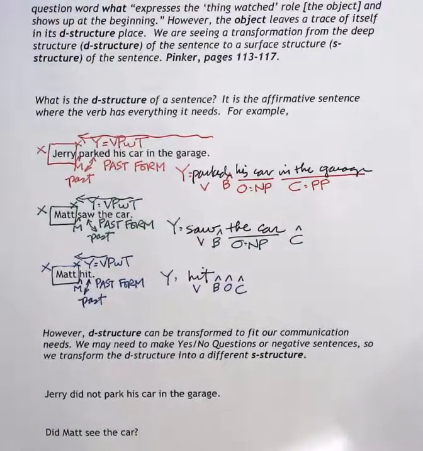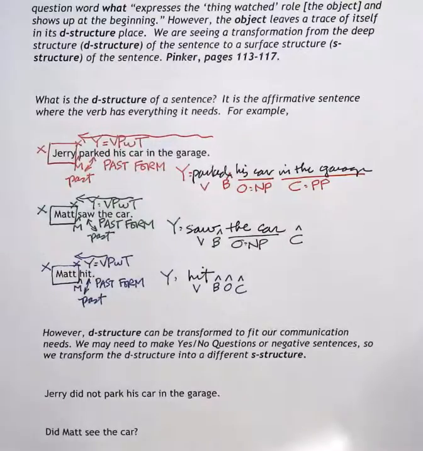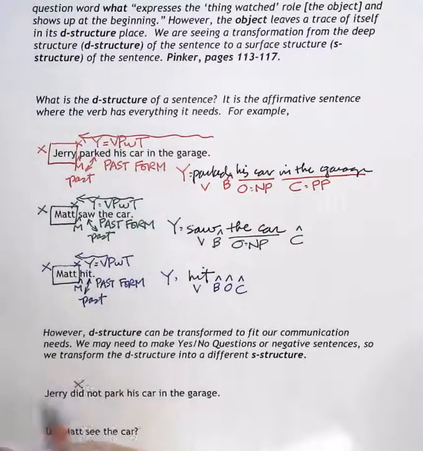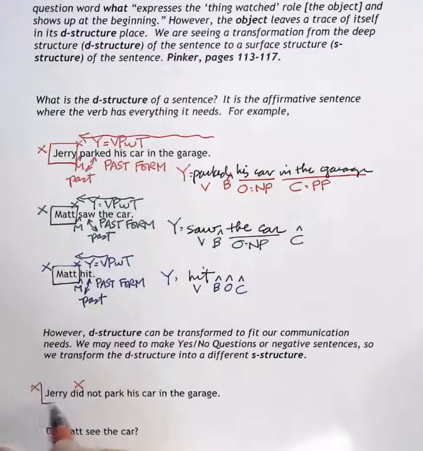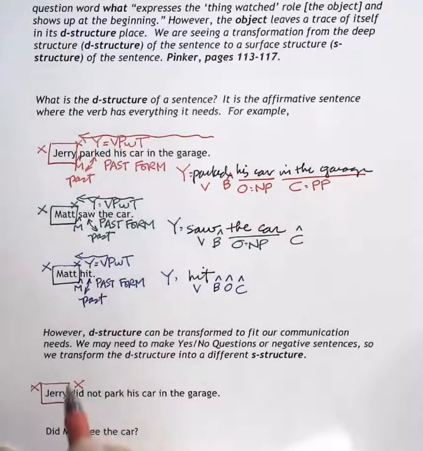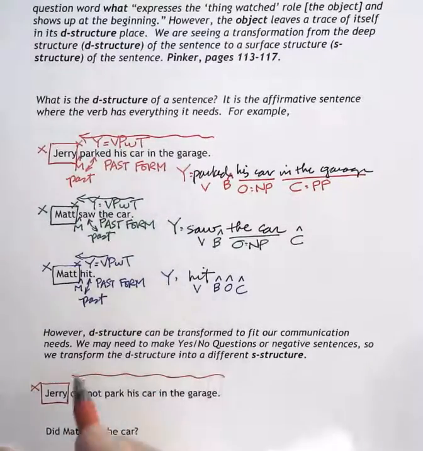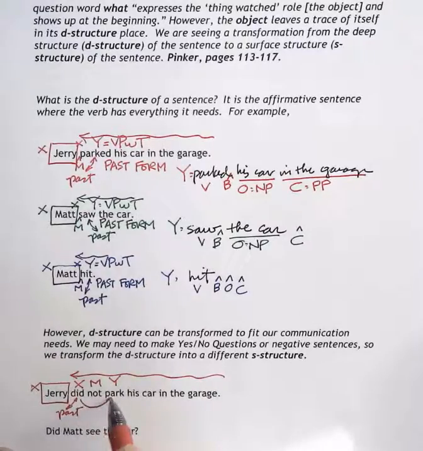Let's continue. Jerry did not park his car in the garage. No shifters. Did. Jerry's the subject. Predicate. M and Y. Did ties with the past. Did ties with park. Base form.